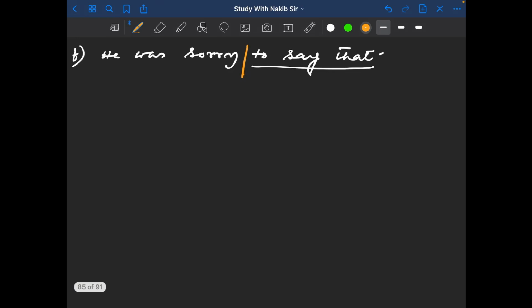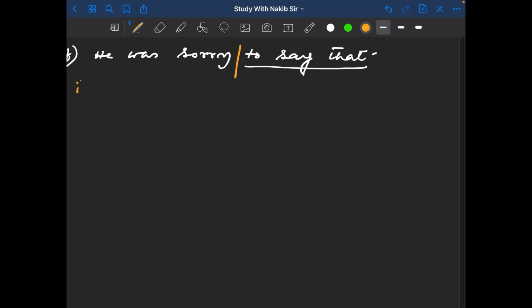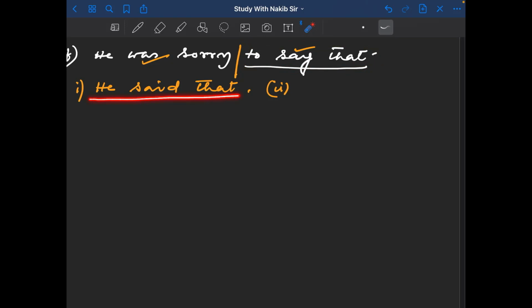That means subject will be he. Number one, use he. This is the verb, and this is the tense, past tense. He said that. He said that. So one sentence is made for this infinitive part, and that is he said that.